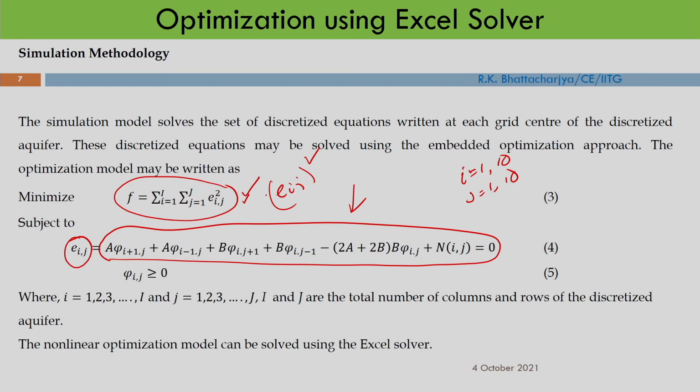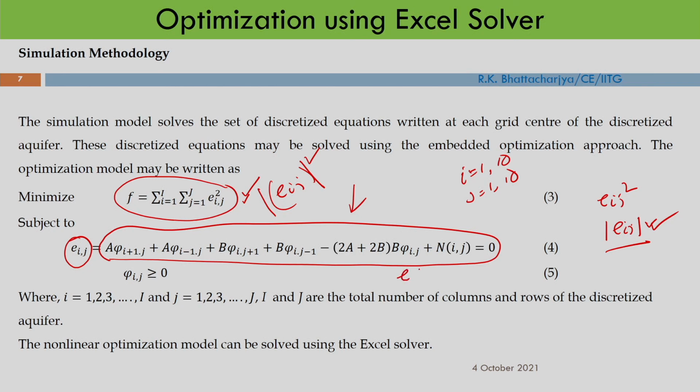I am squaring it, or you can also use the absolute value. So, either I can write Eij square or the absolute value of Eij. Both are okay. I will use this one here, and this should be equal to 0.